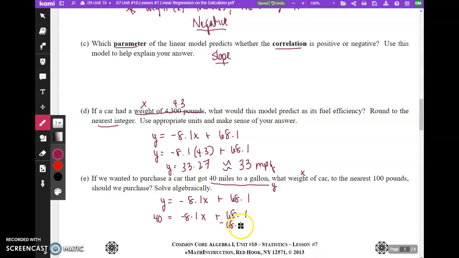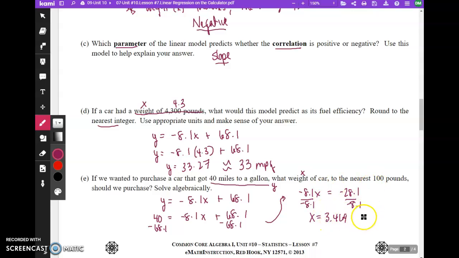So we subtract the 68.1, and that comes out to be negative 8.1x is equal to negative 28.1. And then we divide by negative 8.1, and take my word for it because I'm running out of time. X is going to be 3.469.